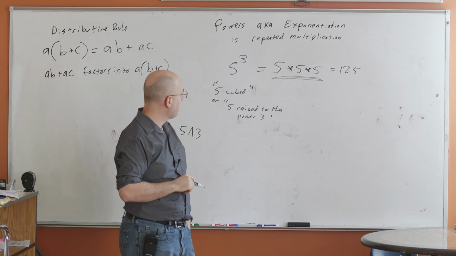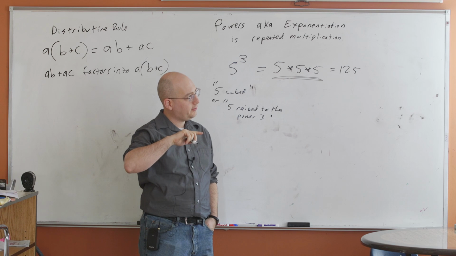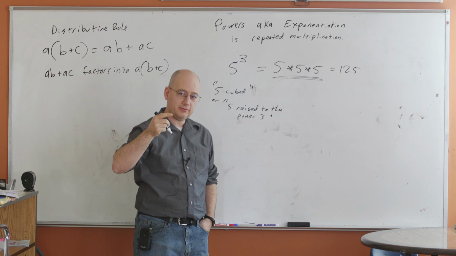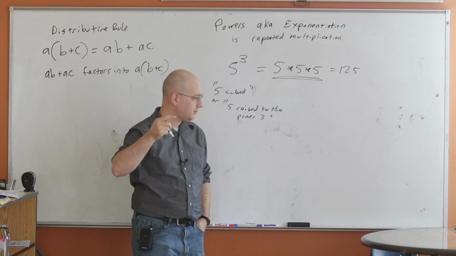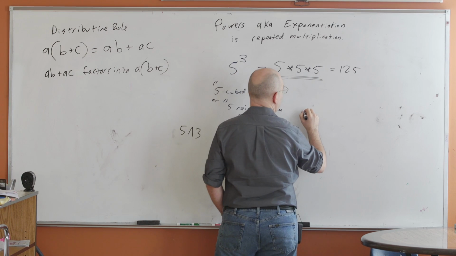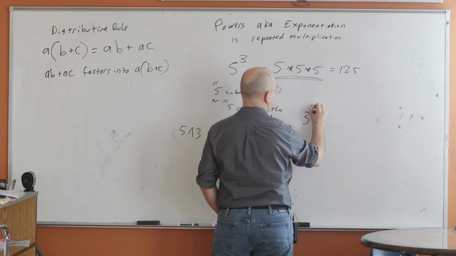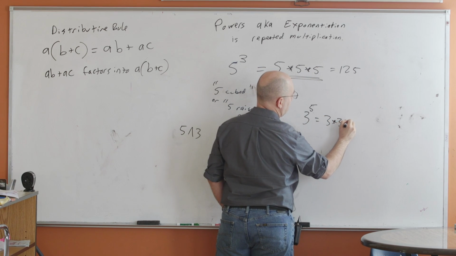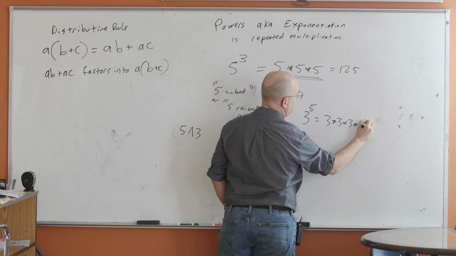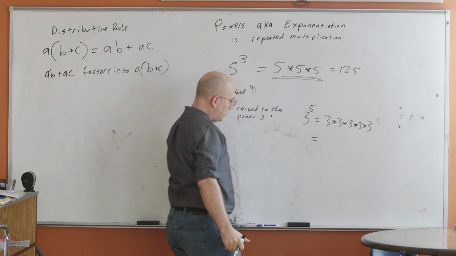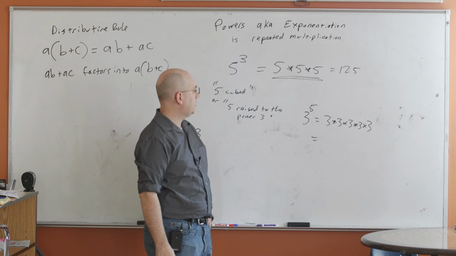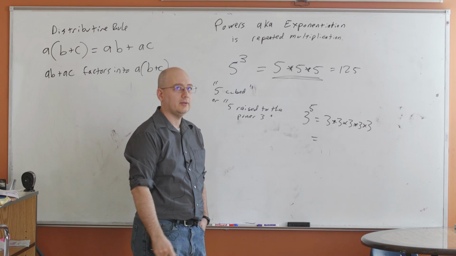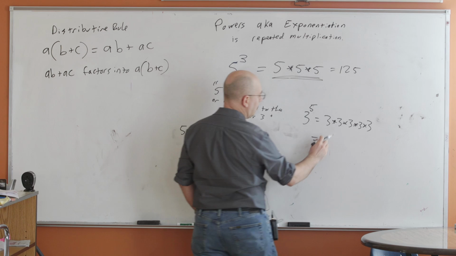All right. Now, is 5 raised to the power 3 the same as 3 raised to the power 5? No. So 3 to the 5, which is 3 times 3 times 3 times 3 times 3, is, anyone know? I've got a number in my head.